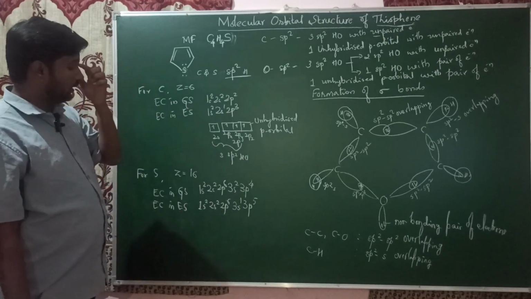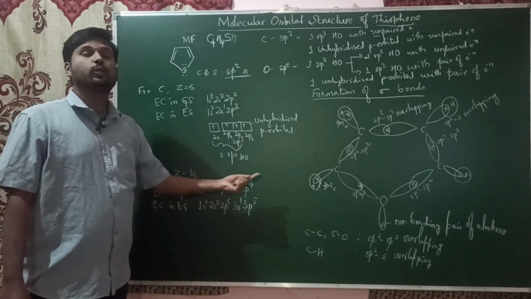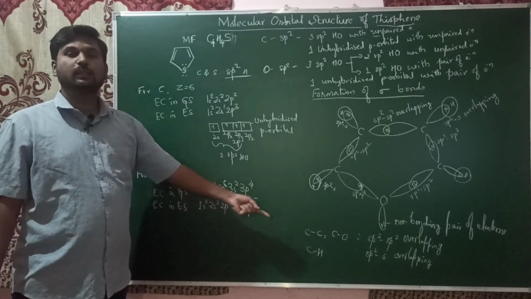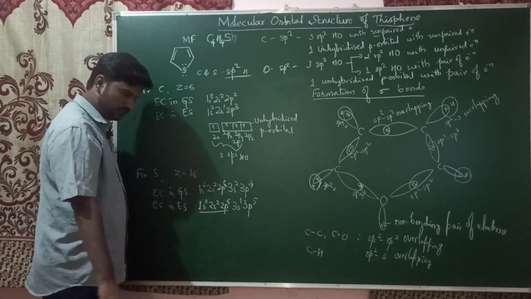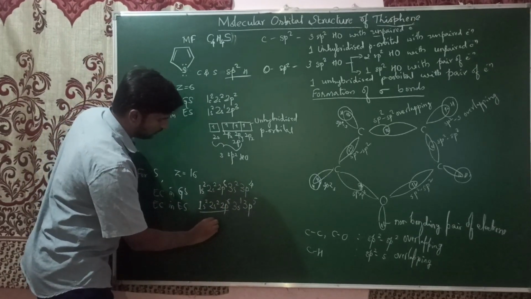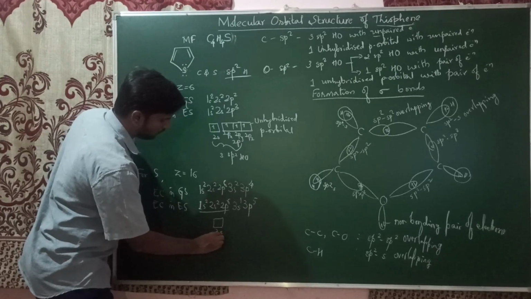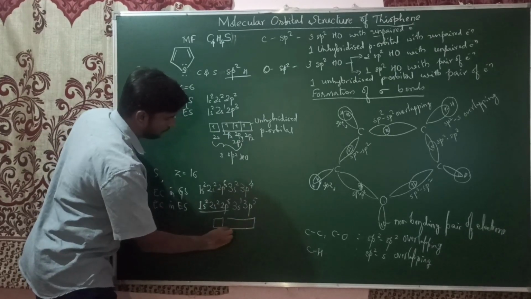In the case of furan, the oxygen was 2s1, 2p5. Here it is 3s1, 3p5 for sulfur. The inner orbitals do not involve in hybridization, so I am writing only for 3s and 3p.